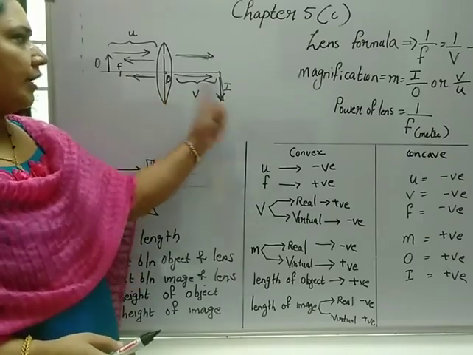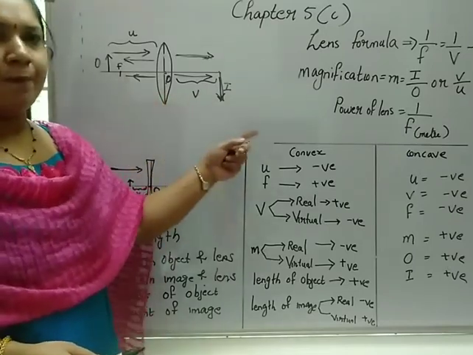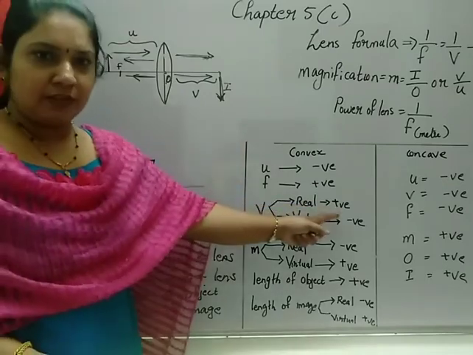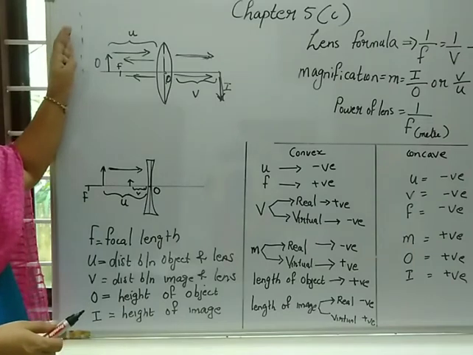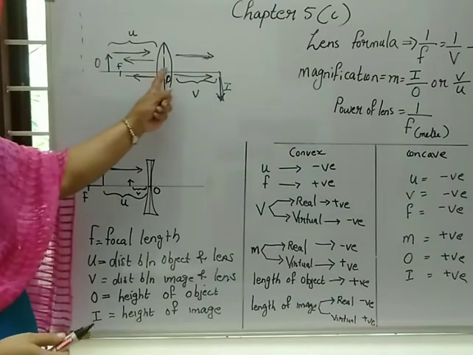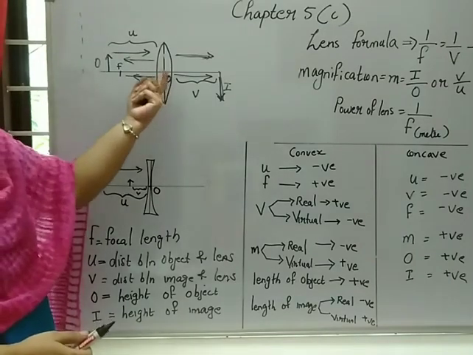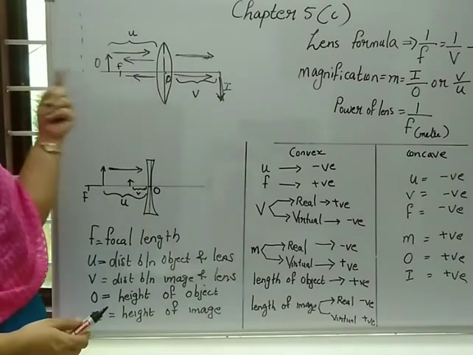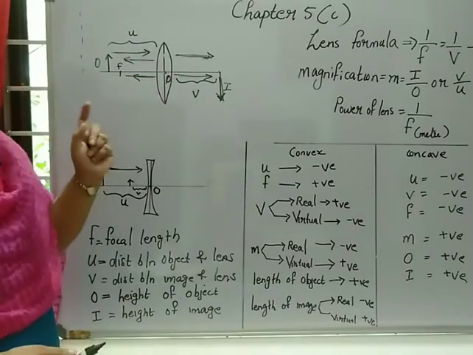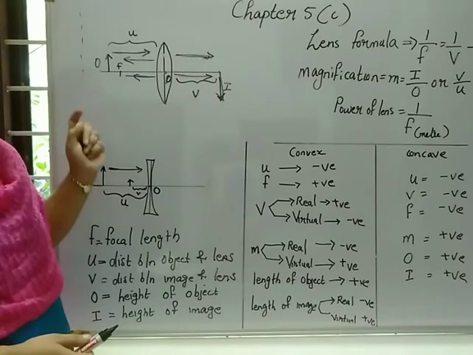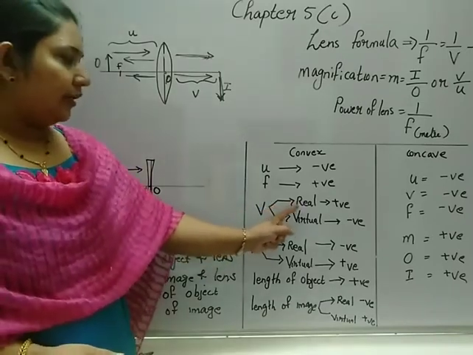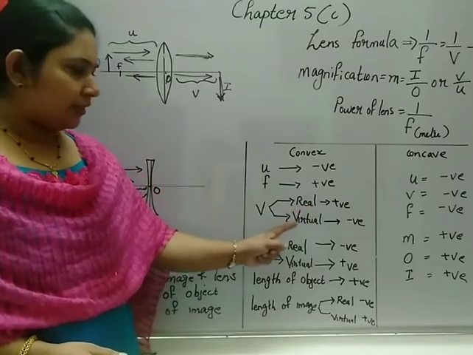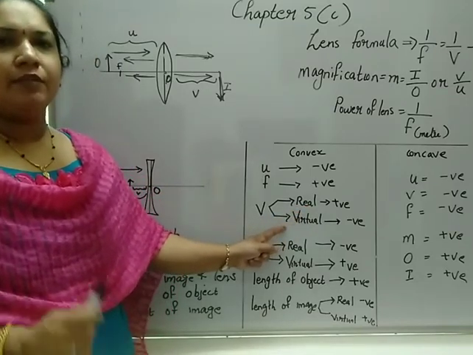If it is a real image, the opposite side is taken positive. When it is a virtual image, it will be formed on the same side. So the measurement is taken from the optical center towards the left. That means opposite to the direction of the incident ray. It is taken negative. So here you can see V is positive when it is a real image and V is negative when it is a virtual image.